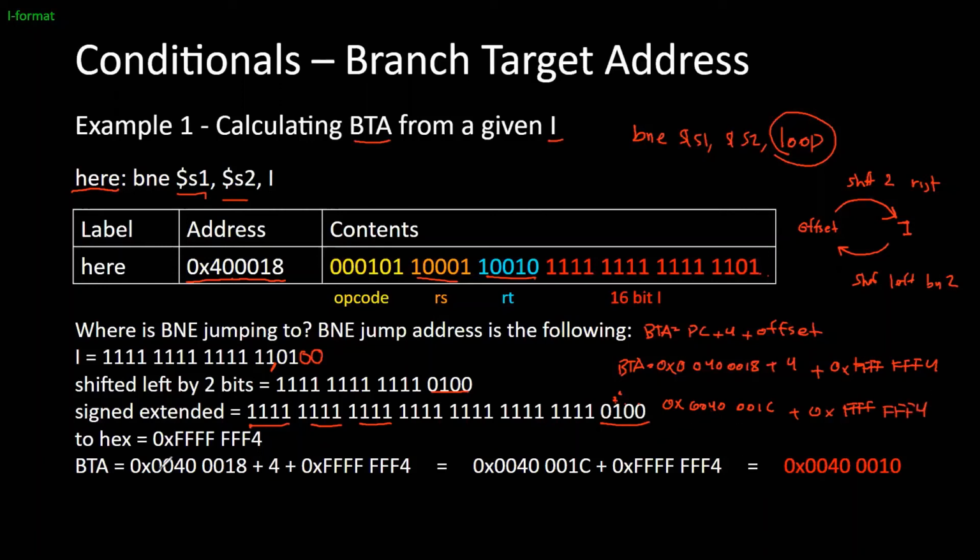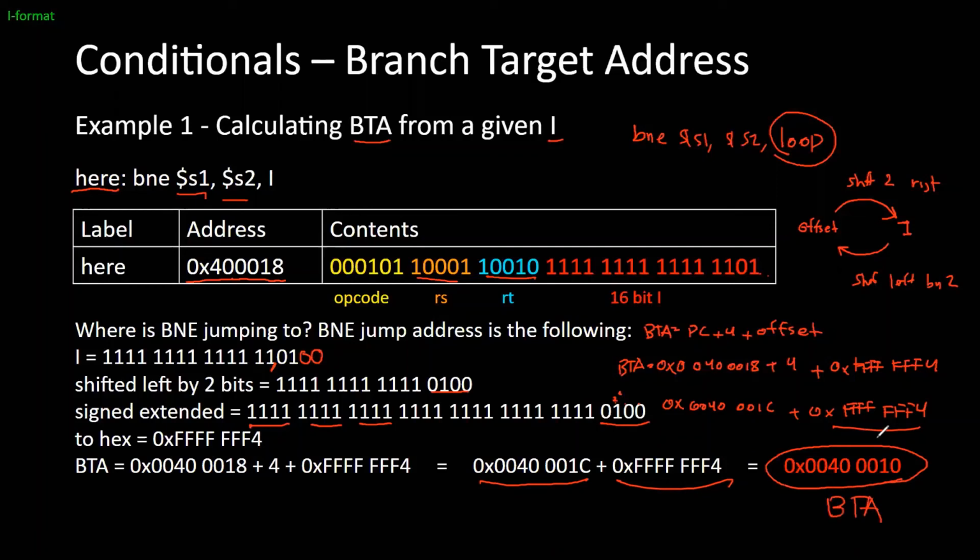And here we have the calculation actually. This is the same number we have here, and this is that number. So you just add this, and you get this value. So this is your BTA.